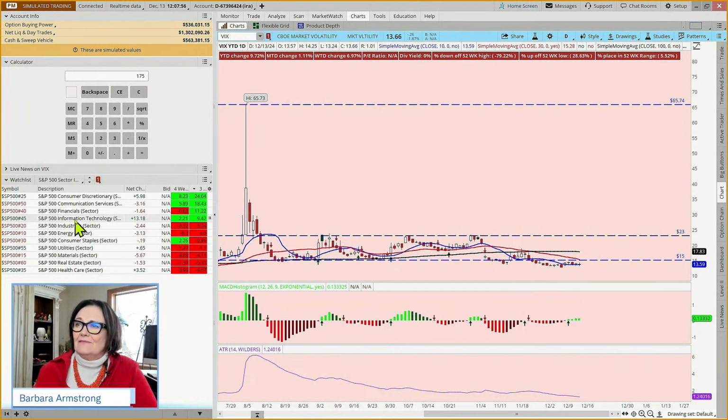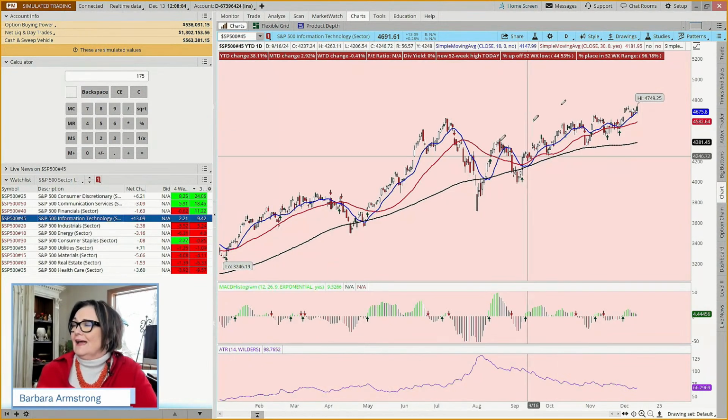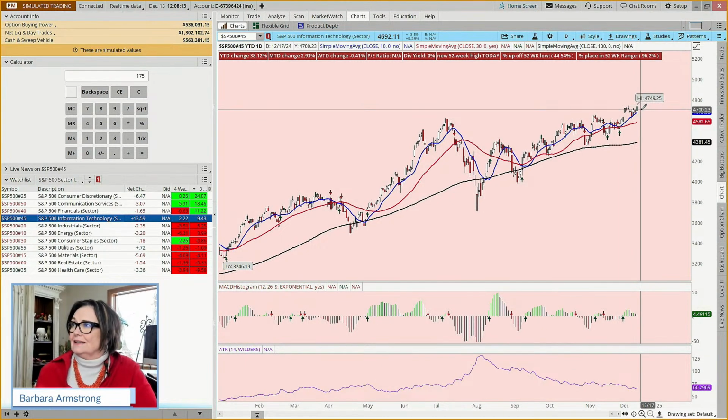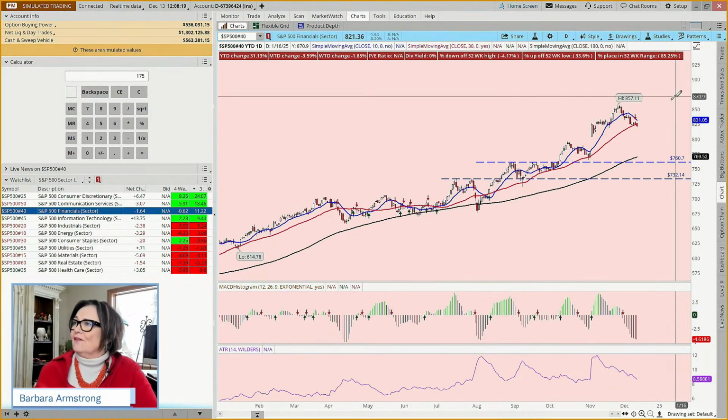These have been our areas of strength. Technology is in fourth place over the last 3 months, but it's up 38% year to date, beating all of the major indices and hitting a new all-time high today. So it's pretty hard to argue that that's anything other than bullish.